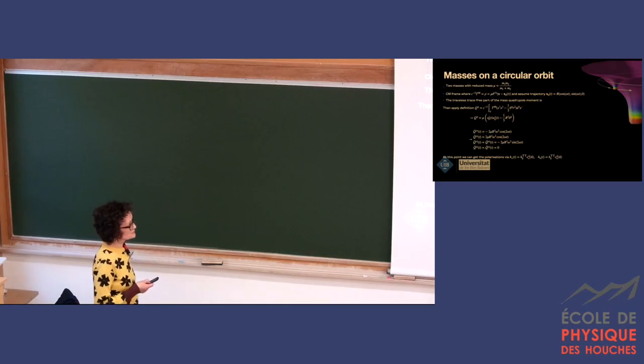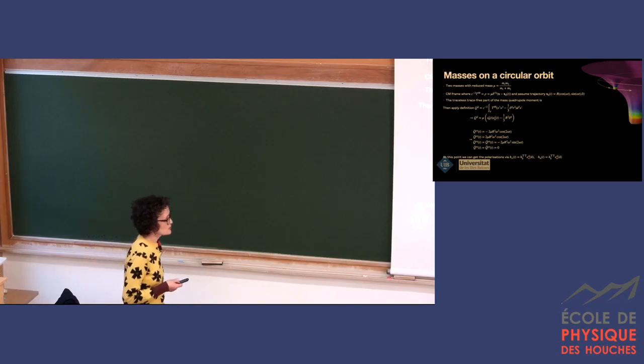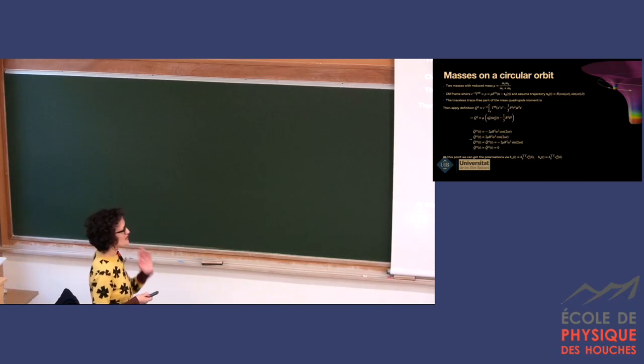We can start, for instance, with two masses on a circular orbit, and assume that they're point particles, so I can write the density in this delta form. Then, applying the definition of the quadrupole mass moment, I can obtain this term, and then I can take 2 time derivatives. I know that this is the definition that we saw earlier to get the plus and cross polarization.